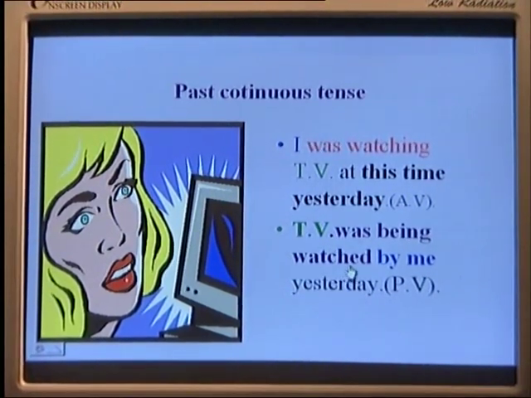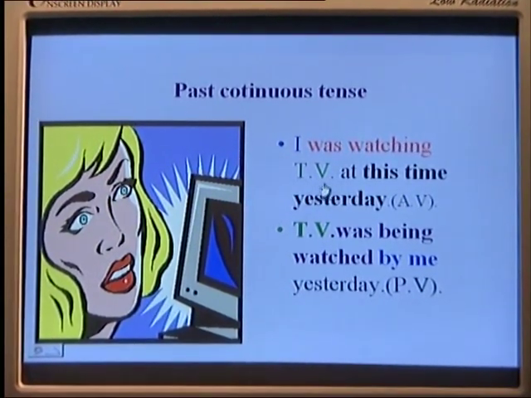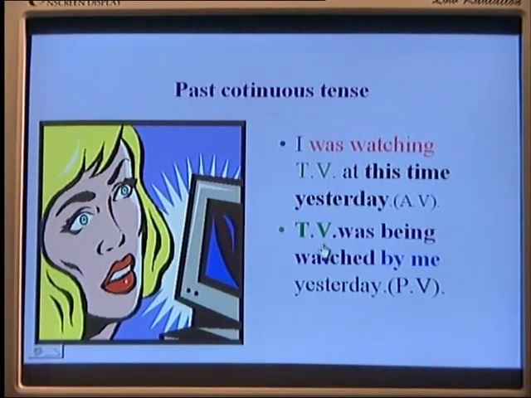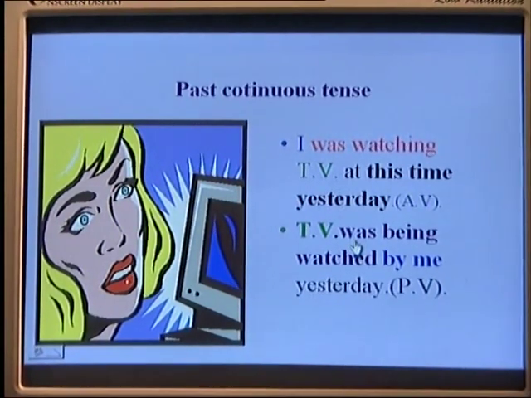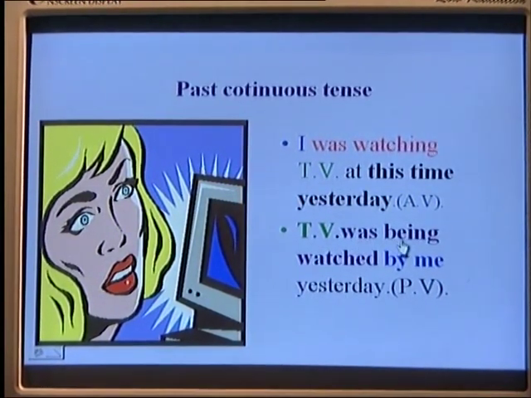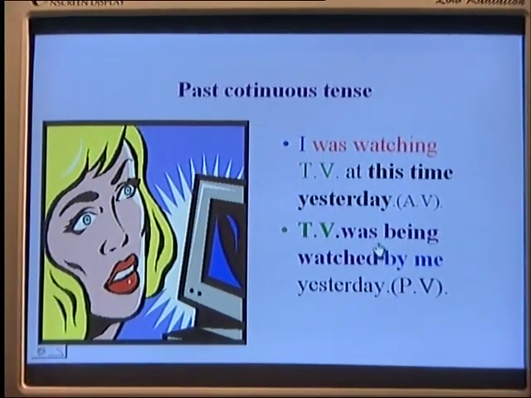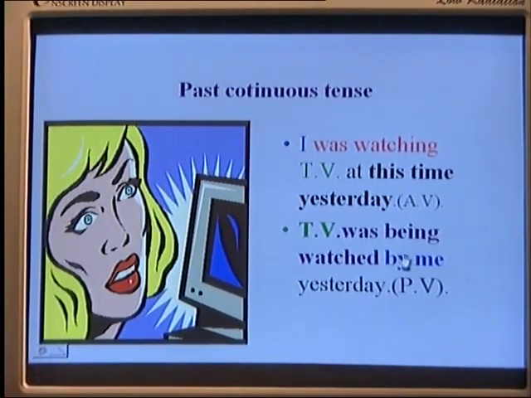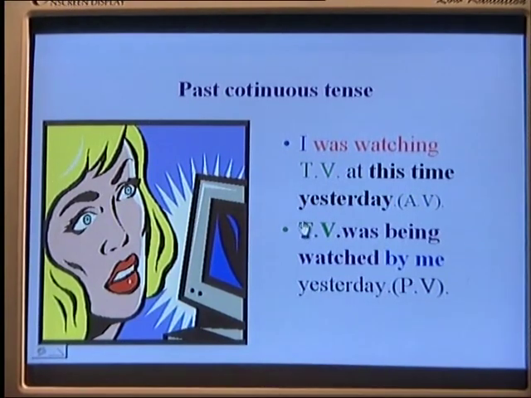So this is in passive voice. TV is the object, therefore we have begun the sentence with TV, and this is in past tense, so this sentence is also in past. Past continuous, being watched: TV was being watched by me yesterday.